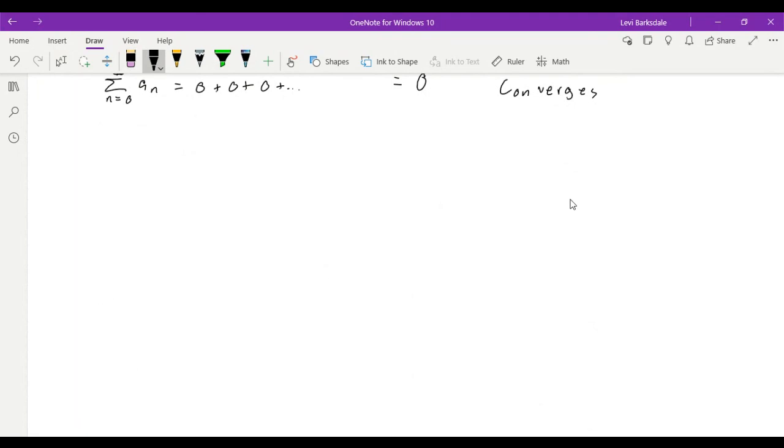Now, there are some tools we can use to determine whether a series converges or diverges. We'll start by introducing the first one today, known as the nth term test.